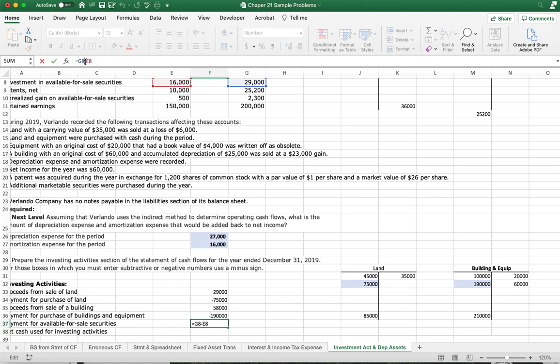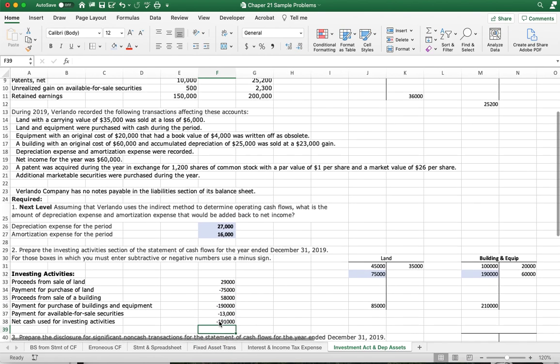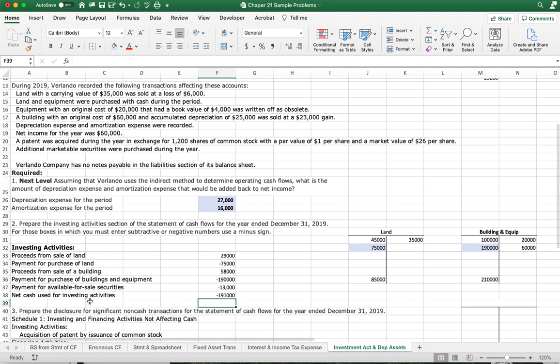I really should have done it the other way so it gives us the negative. All right, and so then we can do a sum. And we get net cash used for investing activities of $191,000. Let's make all of these comma style.